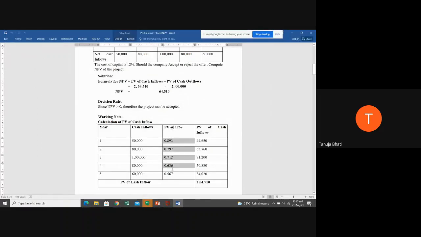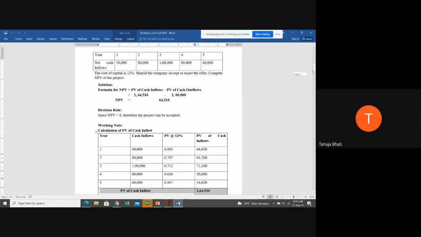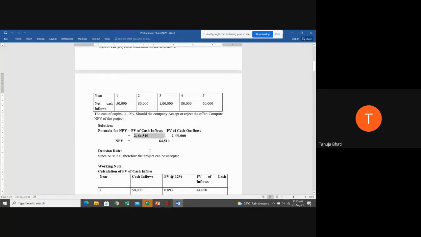I will write this as it is in column number 3. Then I will multiply the cash inflows with the present value factor at 12% and I will get the PV of cash inflows. Take the total of this. You will get the total PV of cash inflows, which you write in your main answer. Now, can we calculate the PV of cash outflows?